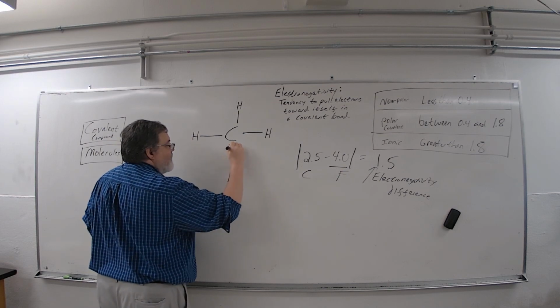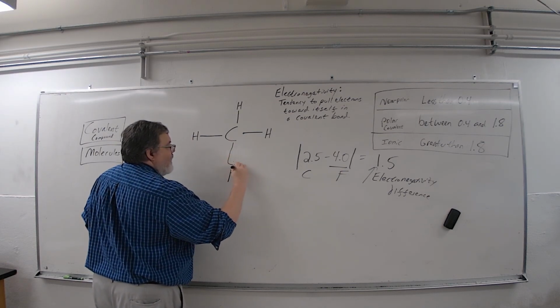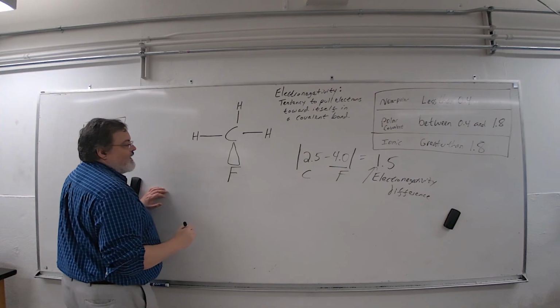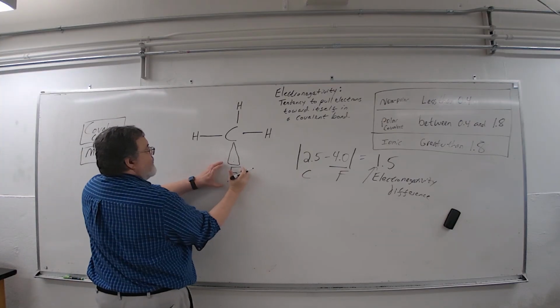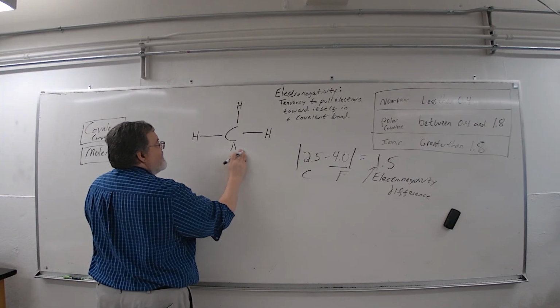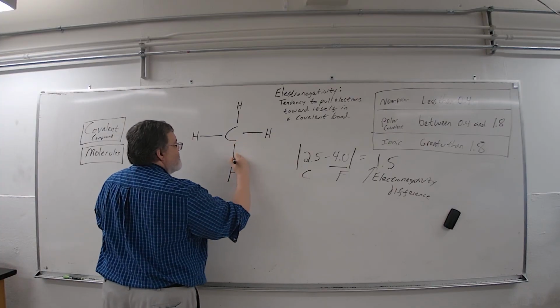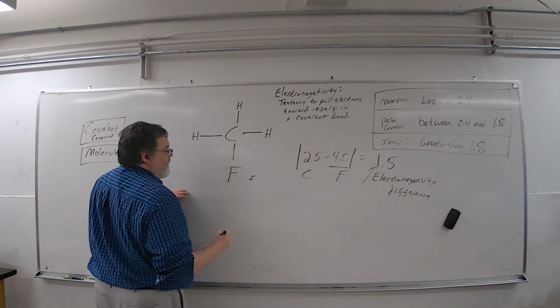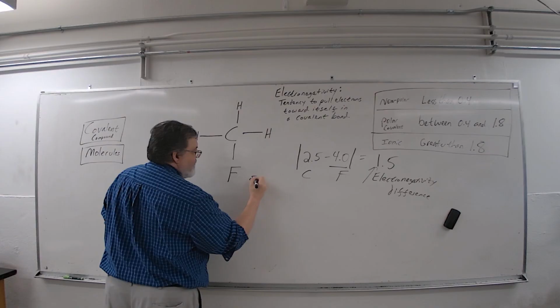If I sketched it, it's kind of like that. The electrons are being pulled towards the fluorine. But what that means is there is a slight charge, and we do this with a lowercase Greek letter delta.